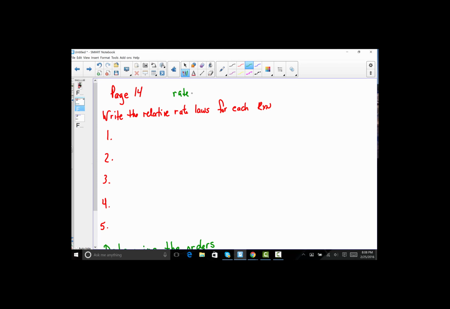Rate is equal to K times the concentration of iodide raised to M, some order, times bromate raised to some order N, times the acid ion raised to some order P. We know rate and we know these concentrations. So for instance, the rate we calculated in the first reaction was 2 molarity per second.